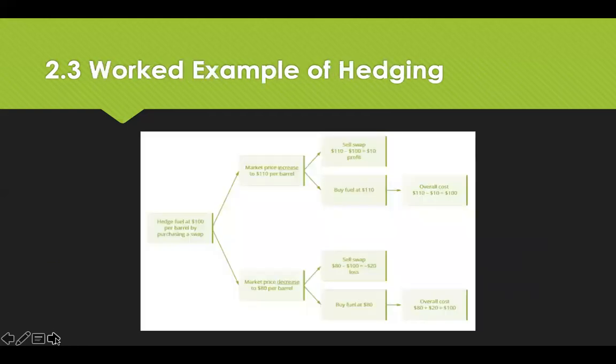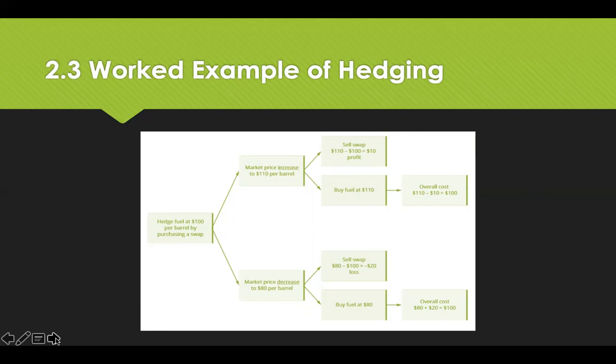So here you can see an example of how hedging might work in practice. If a contract was based on a price of $100, then the buyer would purchase a financial instrument known as swaps for two scenarios. One where the price went up and one where the price went down. If the actual price alters, then one of the swaps will lead to a payout, but the other won't, and the money to purchase it will have been wasted.